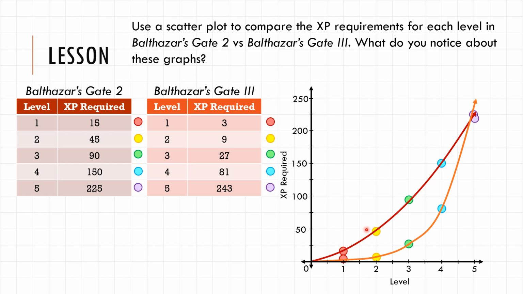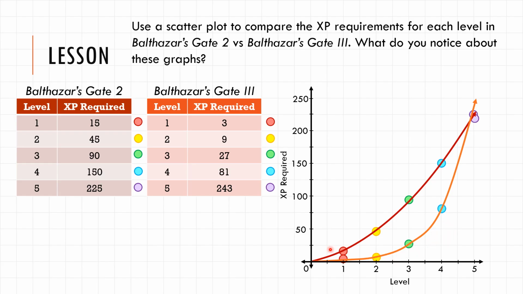But of course, the bend for the red graph, Baldur's Gate 2, is not really that noticeable. Whereas for Baldur's Gate 3, it seems like there's a really, really intense bend happening around here. I wonder, what does that mean when there's a bend like that?